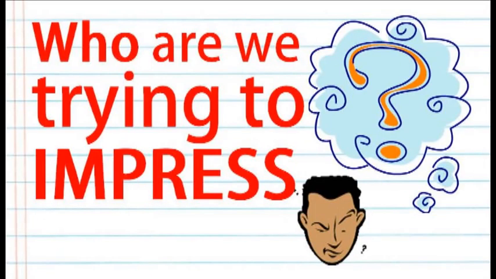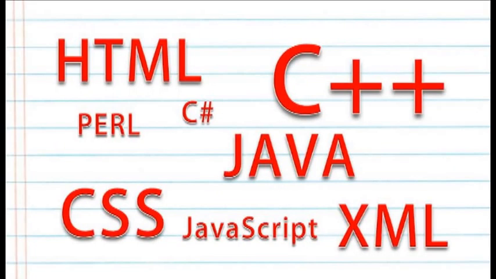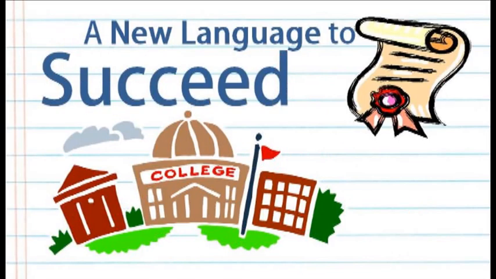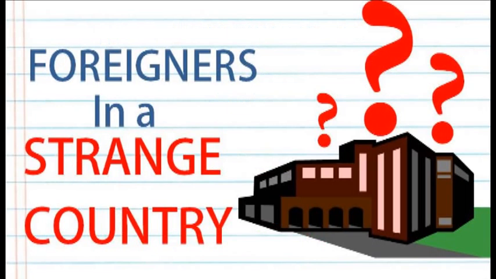Why so particular? Who are we trying to impress with all this fancy syntax? No, really, shouldn't that be left to computer scientists? Well, writing professor Joseph Harris said students need to learn a new language in order to succeed in the university. Otherwise, we may feel like foreigners in a strange new country.